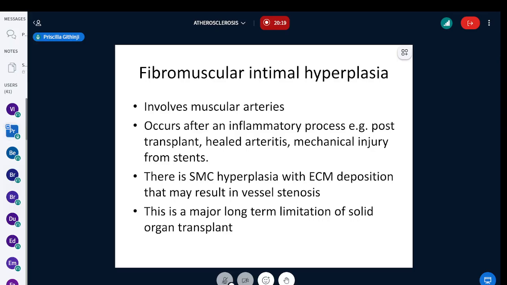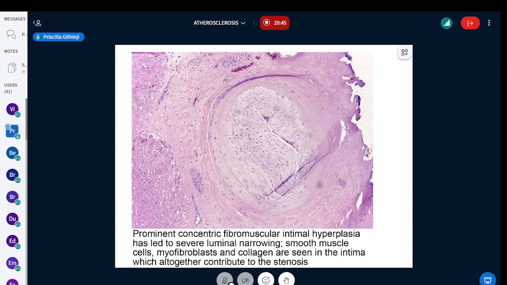I'm sure you've heard that even after a kidney transplant, 15 years later, you may still need another kidney. One of the reasons is the development of this fibromuscular intimal hyperplasia that affects blood vessels of the transplanted organ. When there's no blood flow to an organ, of course, it's going to die, and the patient will require a new one.